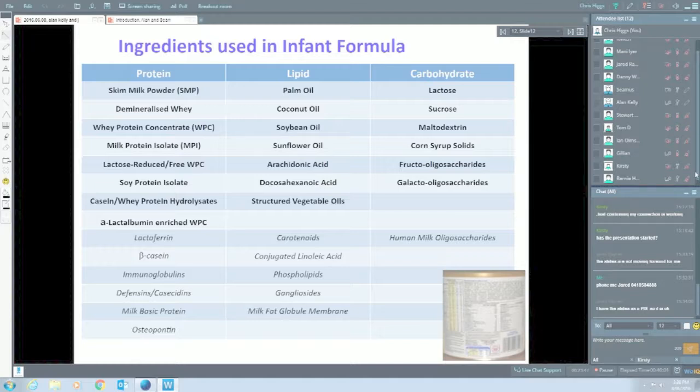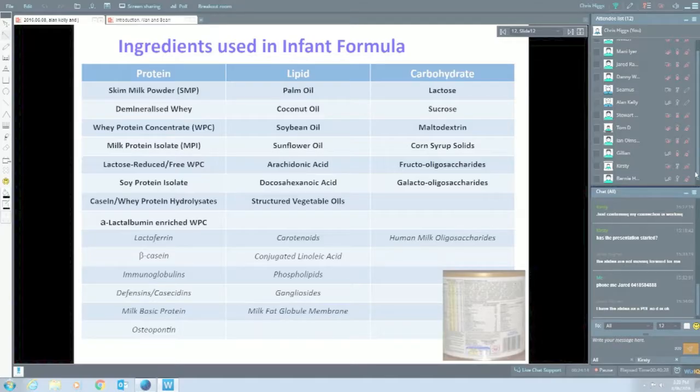But just on the lipids for people that might be interested, typically what happens is that a blend of individual vegetable oils is prepared such that the fatty acid profile of human milk can be matched. On the carbohydrate side, as I mentioned, typically in first stage infant nutrition products, most if not all of the carbohydrate is lactose.